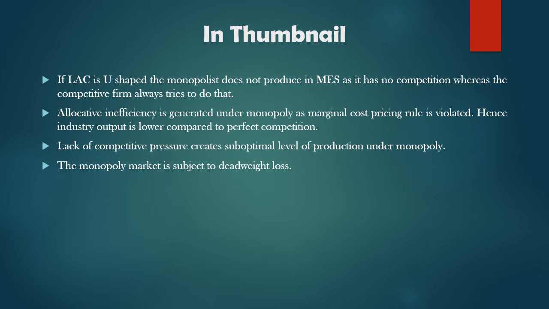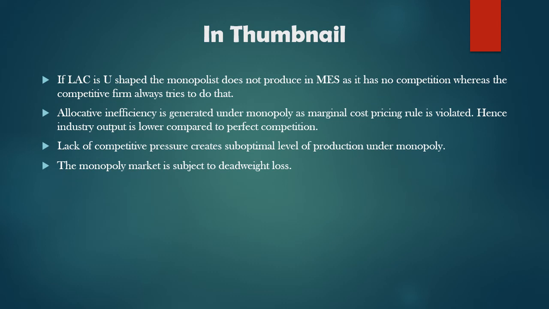Even if at the equilibrium point the marginal cost curve is below the average cost curve, price is more than marginal cost. So we find that the monopoly firm will not have any incentive to reach the minimum point of the long run average cost curve. That means it is not producing up to the maximum efficient scale.